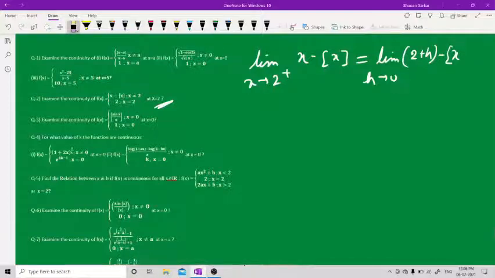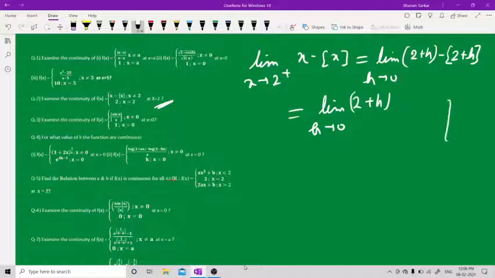This comes out to be 2 plus h as it is. Remember, 2 plus h means draw the ladder. Always draw a ladder. This is 2 and 3. 2 plus h is more than 2 but less than 3, somewhere here. So this will give you the answer 2.